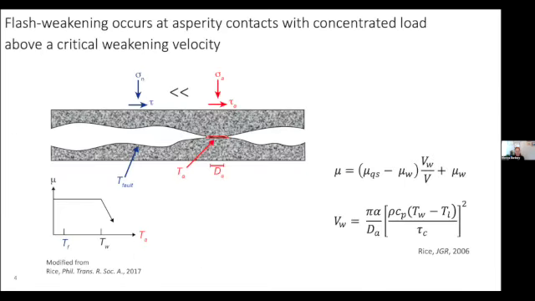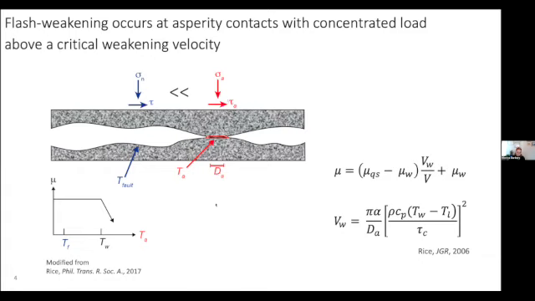Just as a brief overview of what flash heating and weakening is, it deals with asperity scale contacts. The idea is that faults are not perfectly planar. They have roughness, and the load is supported not across the entire macroscopic surface, but inside of these microscopic asperity contacts that have high stress concentrations, both normal stress and shear stress.